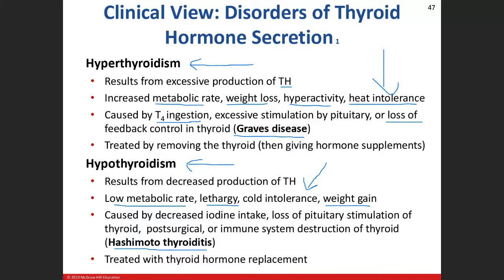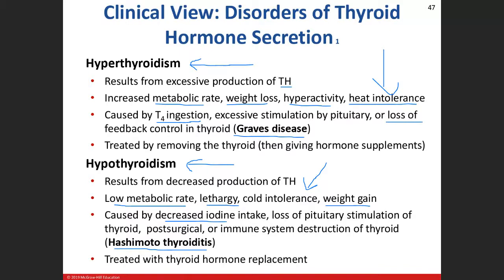So in this situation, this is caused by decreased iodine. If you have a decreased iodine, you can't make thyroid hormone. Easy enough. The pituitary gland is not getting stimulated. Maybe the hypothalamus is not producing enough thyroid releasing hormone to stimulate the pituitary gland.